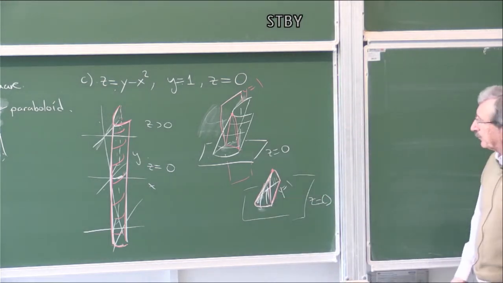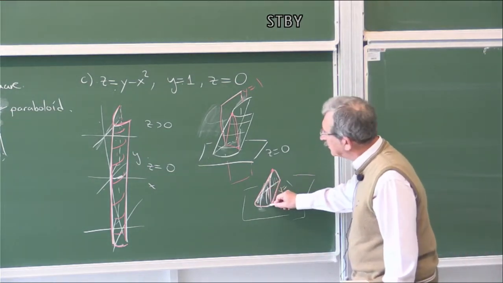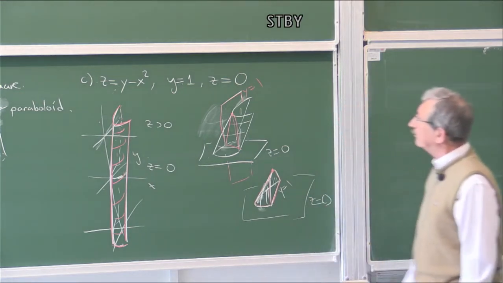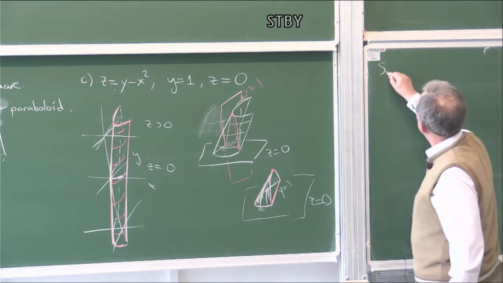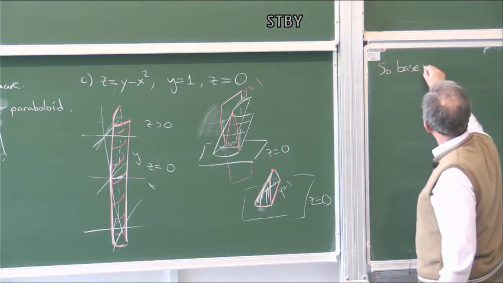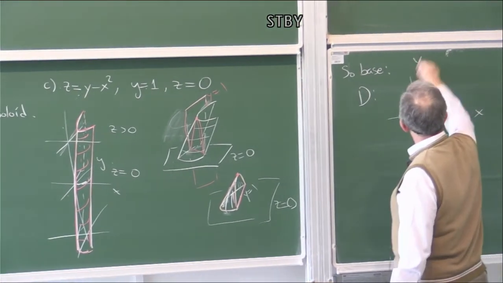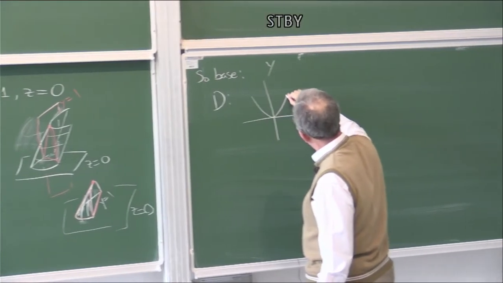And of course, this curve is the intersection of our surface with z equal to 0. Well, all in all, this means that base, that is our D in the xy system, is a parabola.